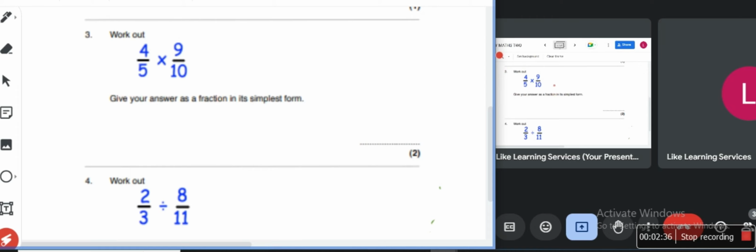You need to find the ones that can get divided. Okay. Is there anything that can divide the numerator and divide the denominator? No. Are you sure that there's no number that can divide a numerator and a denominator?